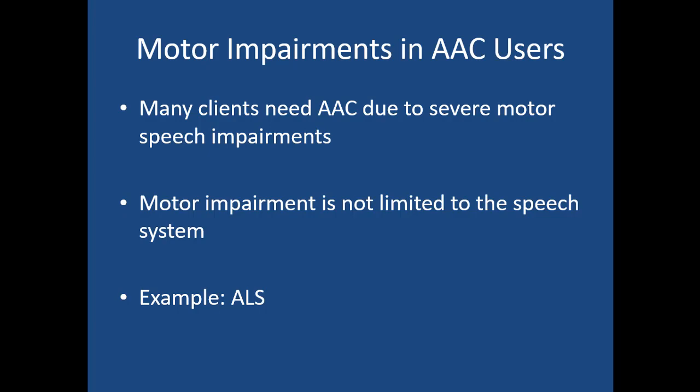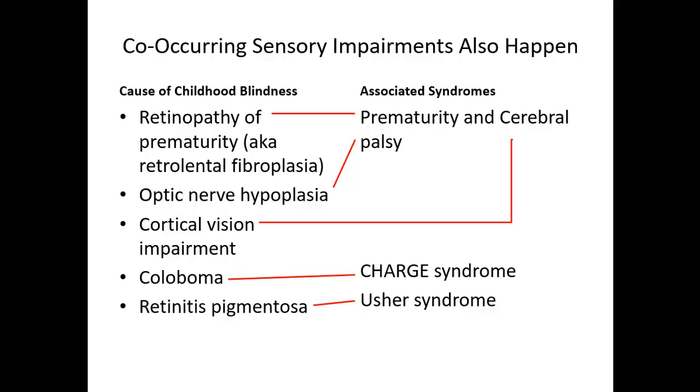So that neurological impairment may not only be limited to motor abilities, there may also be a sensory component to it. I'm going to show you some examples of these, as there are a number of sensory impairments that co-occur with severe communication disorders that often lead to AAC needs.